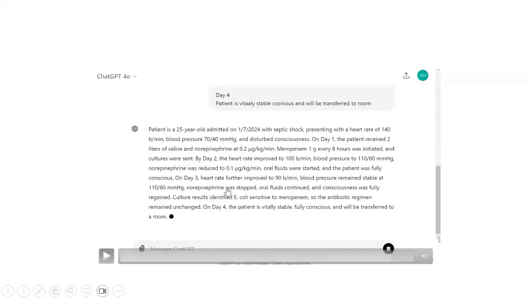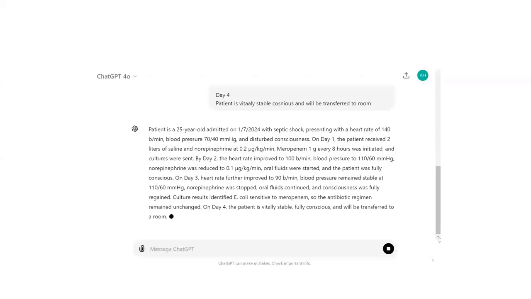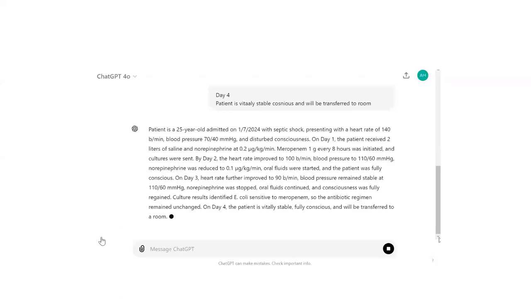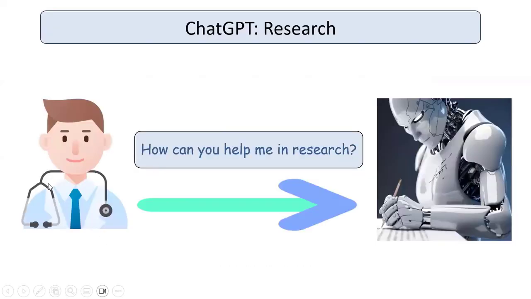So it can interpret whether a vital sign improved or got worse. Then the blood pressure is 110/60, and it mentions all the details in one paragraph, so it can summarize and remove redundancy from any progress notes.